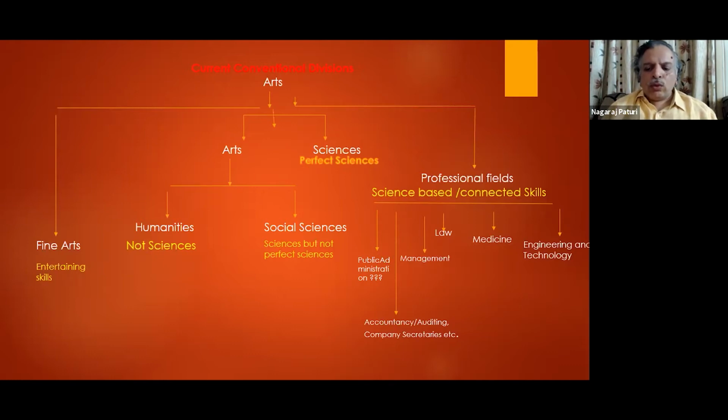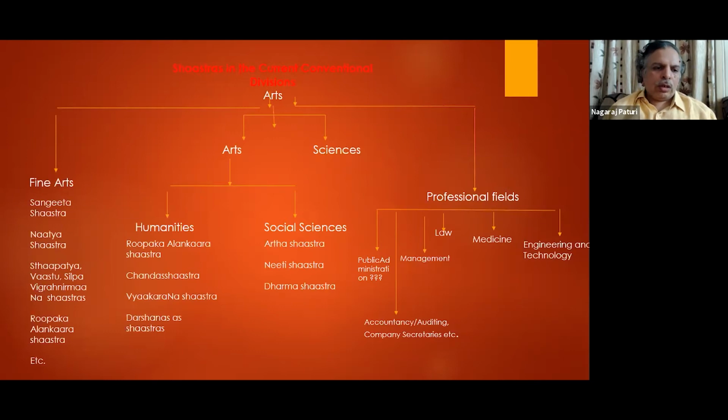But if you come to Indian divisions, what you see in the Indian system is, if you go to fine arts, you have Sangeeta Shastra. It is called Shastra. If you go to dance, you have Natya Shastra. It is called Shastra.